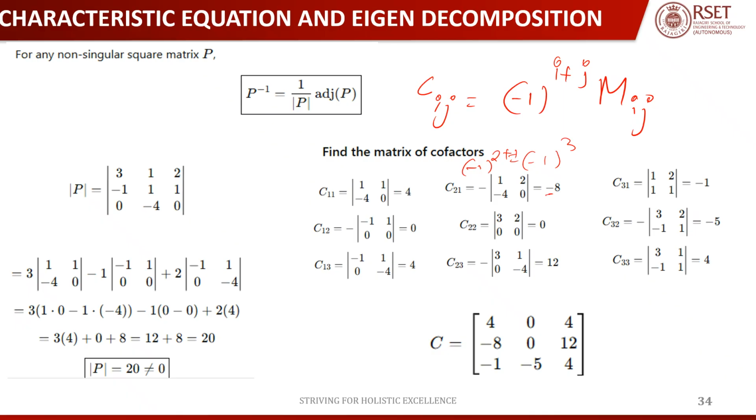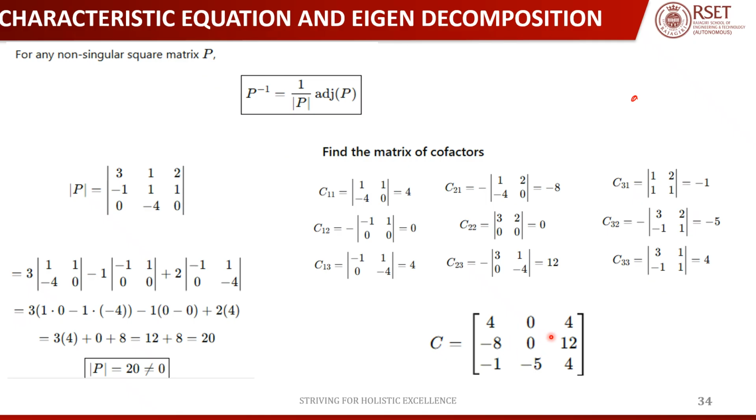In a similar way, just find all the values as shown here: C11, C12, C13, C21, C22, C23, and C31, C32, and C33. Then you will form the cofactor matrix, which is given by: the first entry is C11, which is 4, and the second entry is C12, which is 0, and the third entry is C13, which is 4, and here you have the entry C21, which is negative 8.